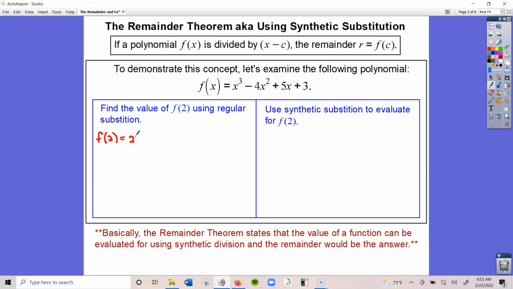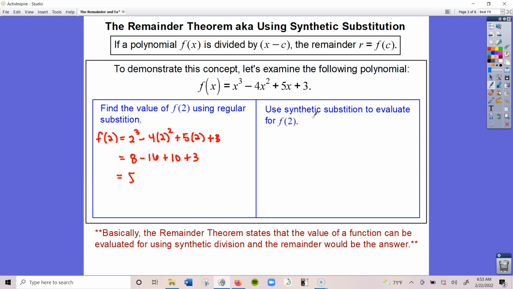So this is going to be 2 to the third minus 4 times 2 squared plus 5 times 2 plus 3. 2 to the third is 8 minus 2 squared is 4 times 4 is 16, plus 5 times 2, which is 10, plus 3. 8 minus 16 is negative 8, plus 10 is 2, plus 3, we get 5.